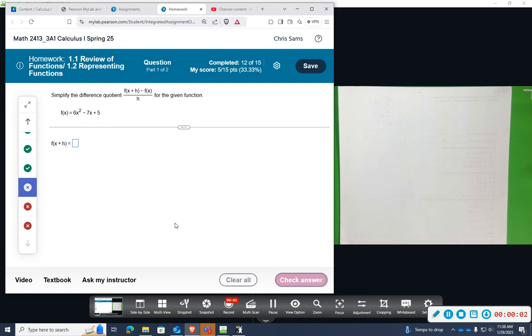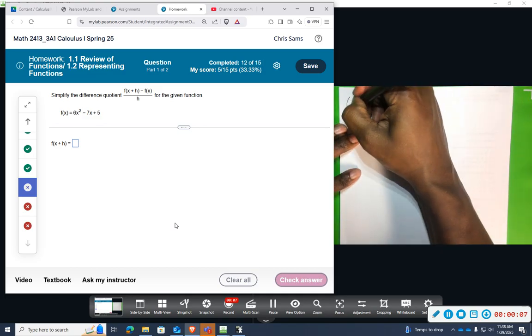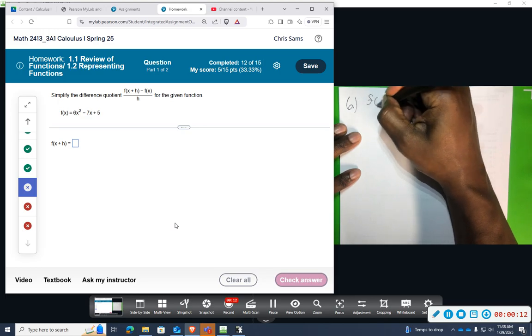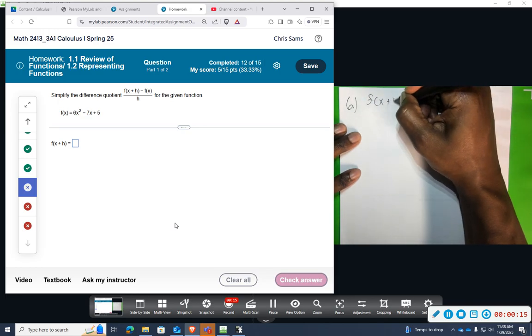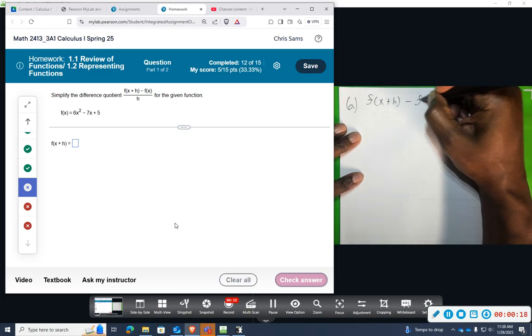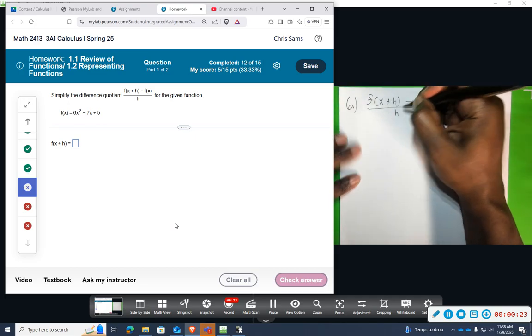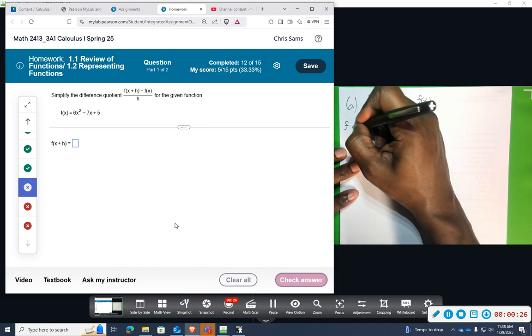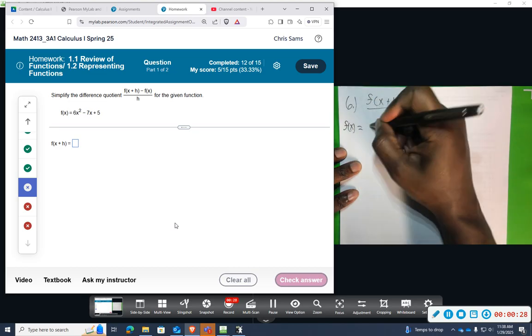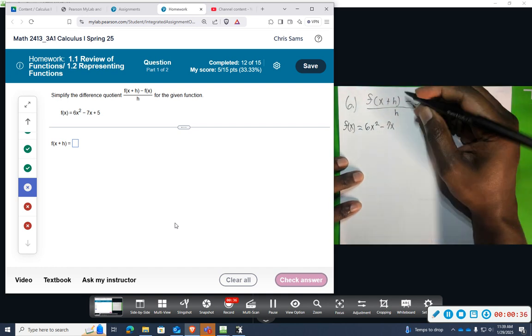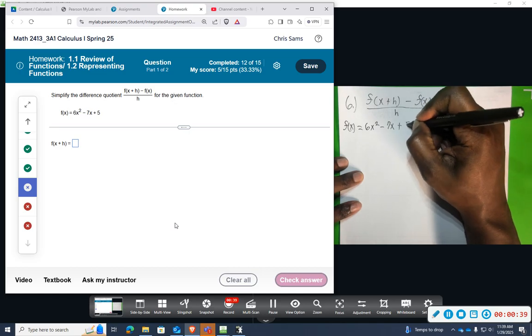All right, question number 6, we want to simplify the difference quotient. The difference quotient is f of x plus h minus f of x divided by h, and we start out with f of x equaling 6x squared minus 7x plus 5.